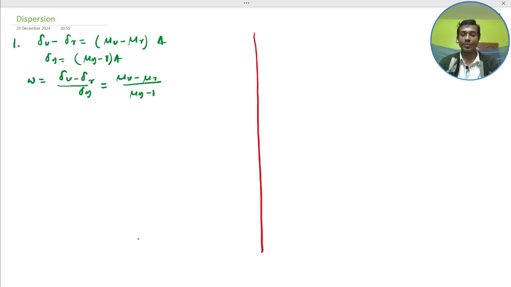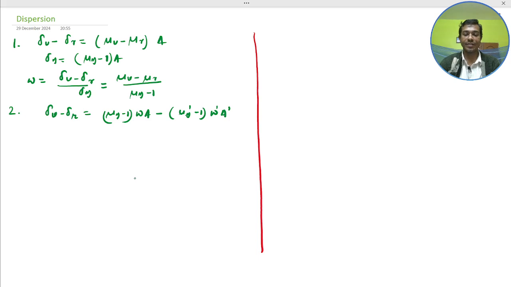In this format, the net angular dispersion delta V minus delta R is equal to (mu Y minus 1) omega A minus (mu Y dash minus 1) omega dash A dash, and the average deviation, delta Y, is equal to (mu Y minus 1) into A minus (mu dash Y minus 1) into A dash.